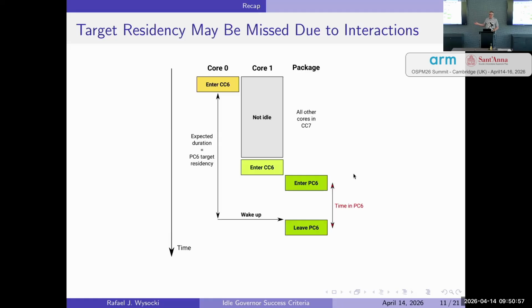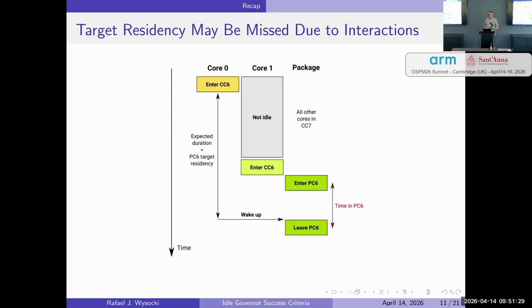There are other problems you can easily find that are related to the hierarchy. Rafael, in your case, each core requests a state independently. Yeah, that's a feature, that's the remark I made in the beginning. So all this happens from the idle loop running on a specific CPU, so all decisions are made with this CPU.